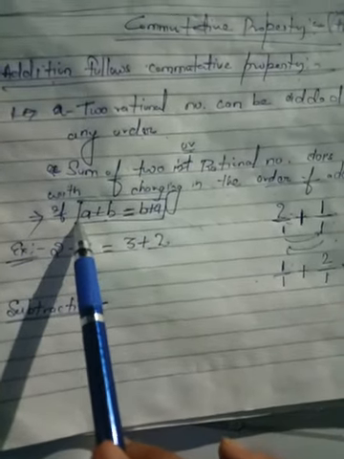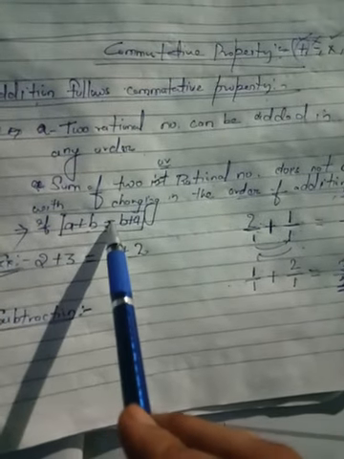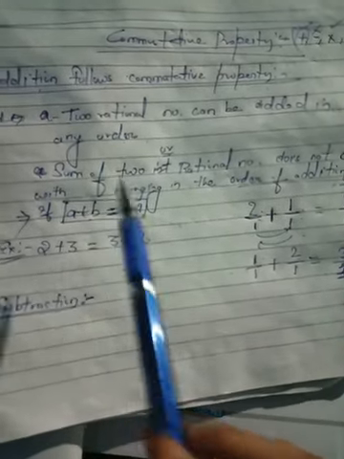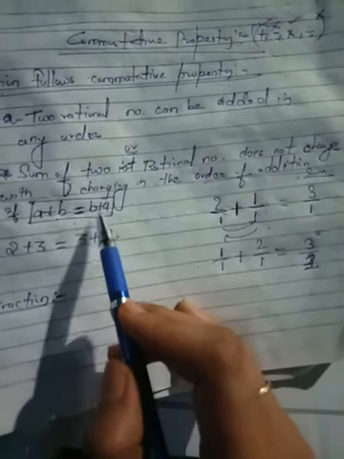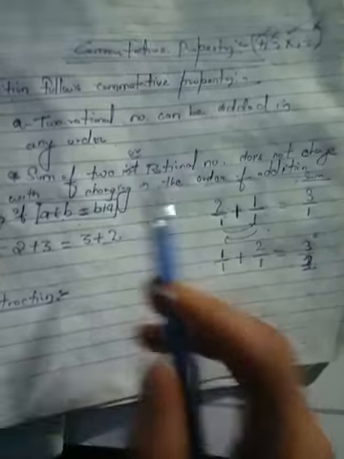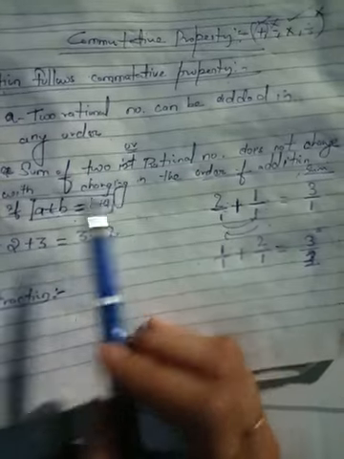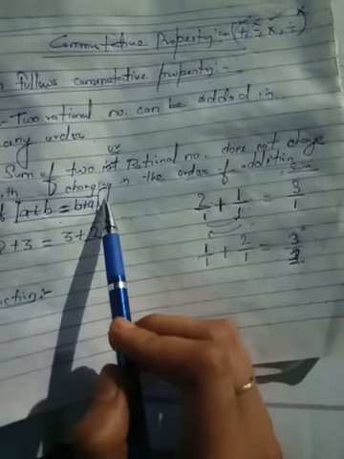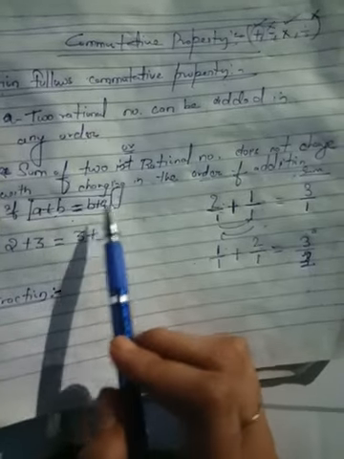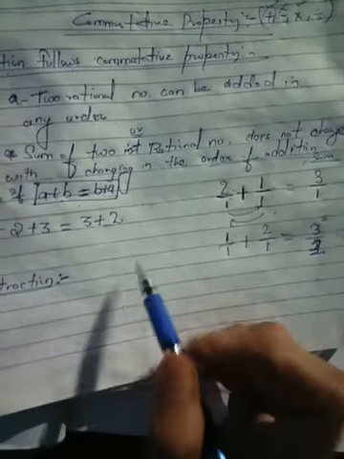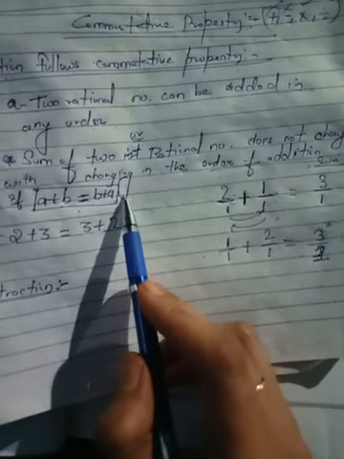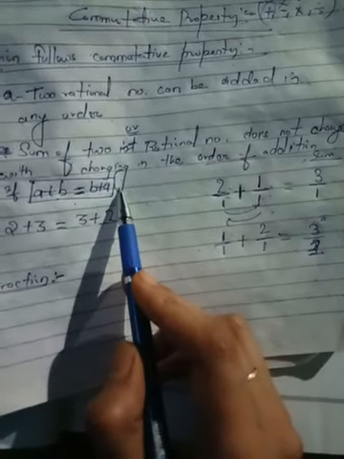In variable form, if a is a rational number and b is a rational number, then a plus b and b plus a give the same result. I am changing the position, changing the order, but the result is always the same. That's why addition is commutative, meaning addition follows the commutative property.